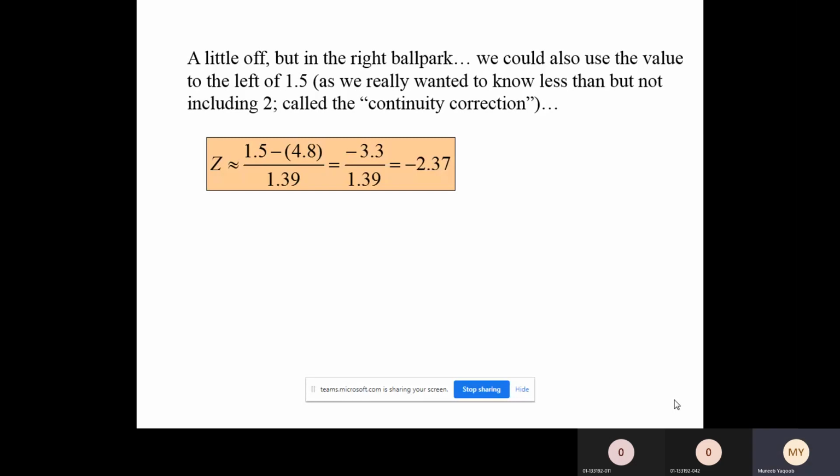Then we subtract the mean of the binomial distribution from this x, and divide the result by the standard deviation, 1.39. So a more correct answer could be obtained if we take x as 1.5 rather than 2.